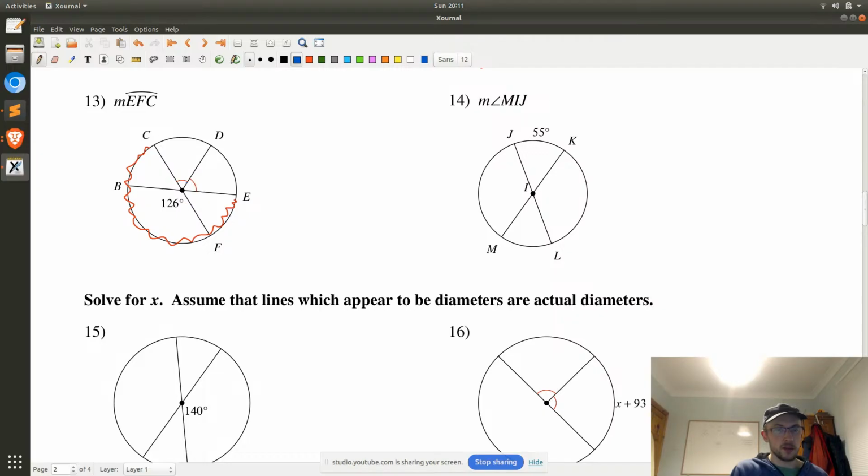Now, these two angles are congruent, and therefore this must be congruent to them. Clearly, this trisects that 180 degrees, and this is 60 degrees. This is vertically opposite, so this must be 60 degrees as well. Then 120 plus 240 plus 126 is 246 degrees. And now find the measure of angle MIJ.